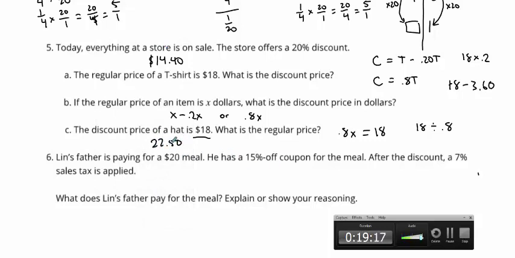So the original price is $22.50, and if we take 20% off of that, we only pay 80% of that, we get $18.